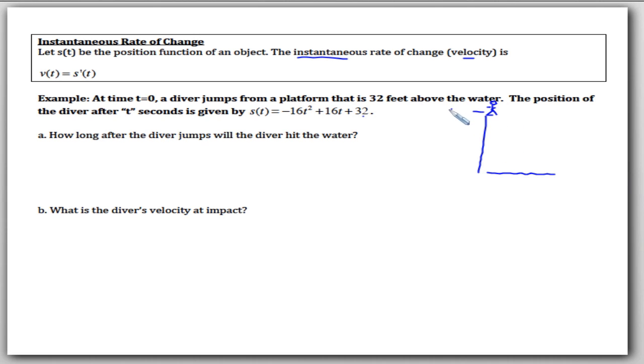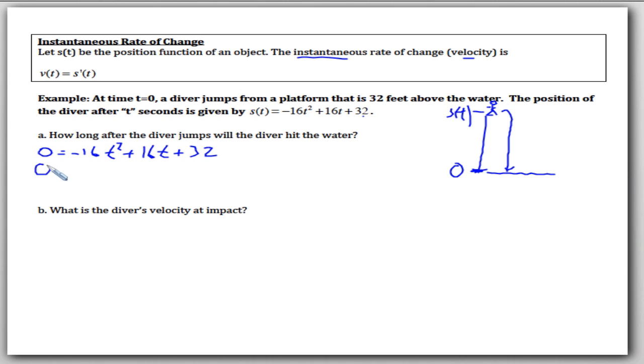And this is your position, s of t. So if he jumps off and he hits the water right here, what is the position? Well, the position is 0. So we want to know where 0 equals negative 16t squared plus 16t plus 32.